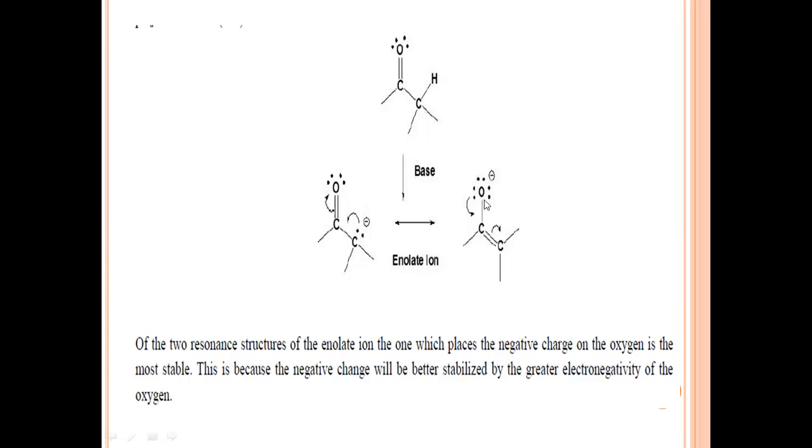That's why the structure carrying negative charge on the oxygen atom is more stable than the one with the negative charge on carbon. So out of these two structures, the second structure in which the oxygen has the negative charge is more stable.